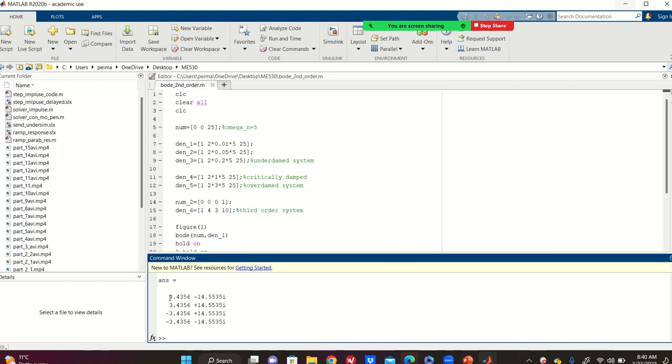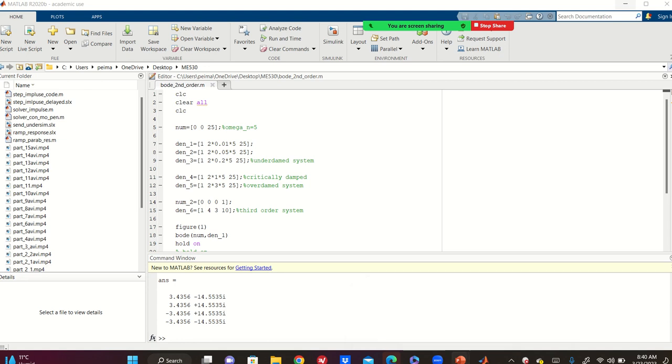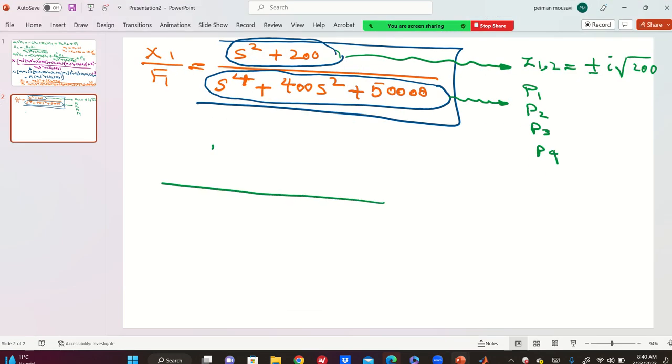If I wanna plot it, so we have this system, zeros and poles are like this. Real, imaginary.